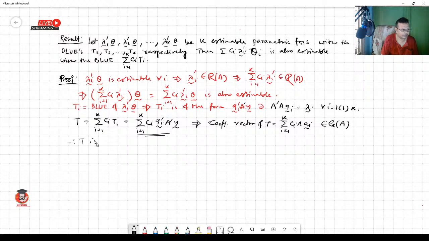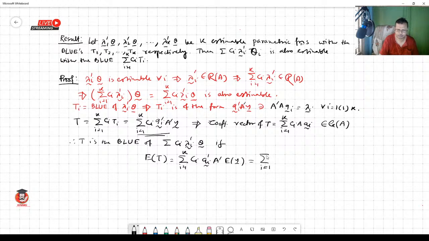So therefore T is the best linear unbiased estimator of the sum of Ci λi'θ if the expectation of T is equal to this, and Qi'A'A, this portion is λi.